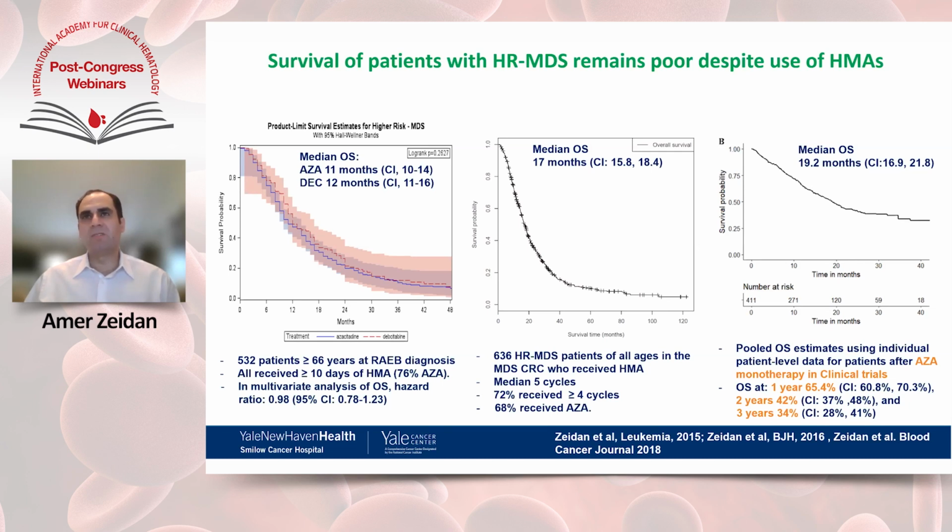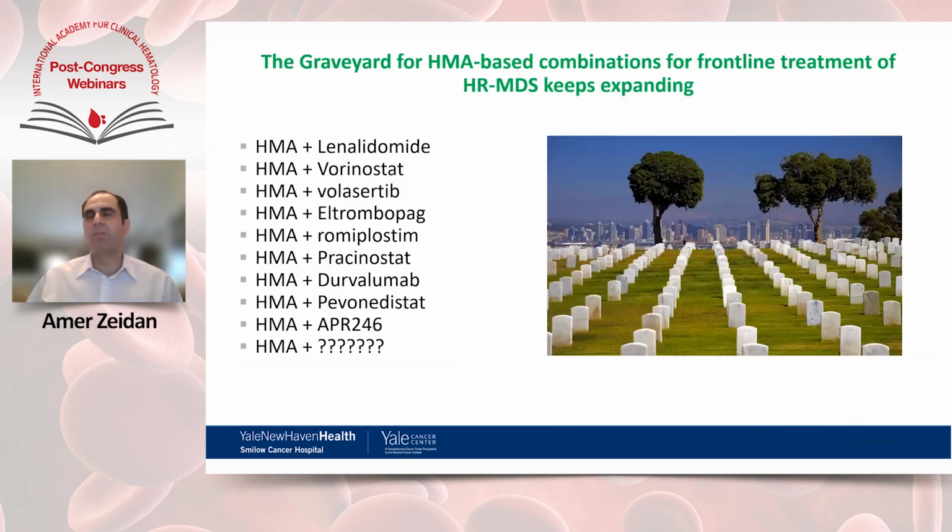However, the outcomes in multiple real-life analyses, I'm showing you 3 of the studies that we have done, among SEER Medicare patients, so those older than 65, among patients treated in big centers, such as the MDS Clinical Research Consortium, and lastly, among even patients included in clinical trials in a pooled analysis, the median OS is somewhere between 11 to 19 months. It's much shorter than the 24 months that was shown in the original AZA-001 study that led to approval.